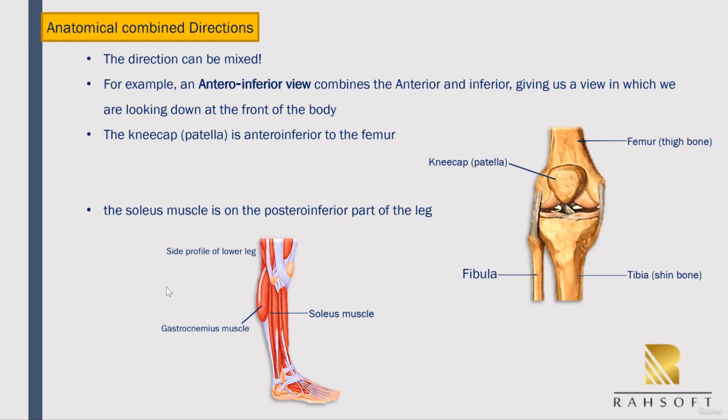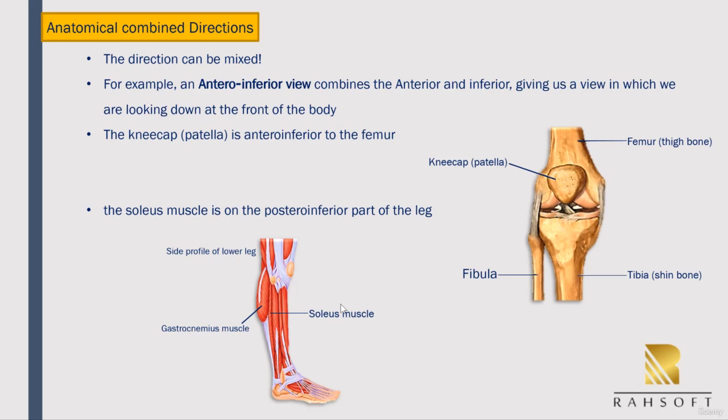Such as here, this kneecap has an antero-inferior direction to that of the femur, which is here. And so that's just one way to describe things. Another example would be the soleus muscle, which is on the posterior-inferior part of the leg. So these are just ways to describe it by combining the directions to give you a better understanding of where things are.